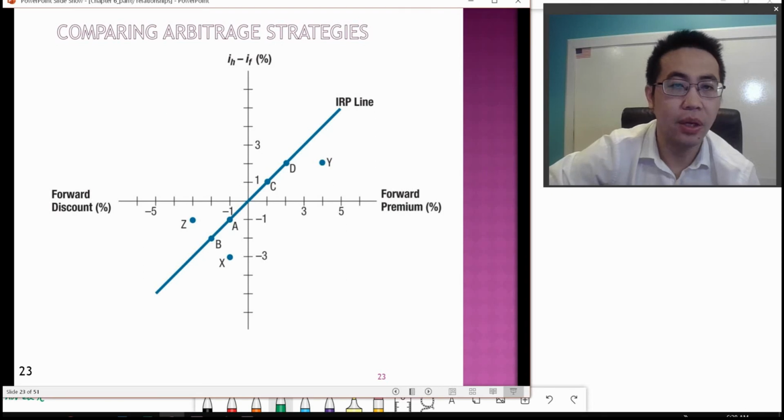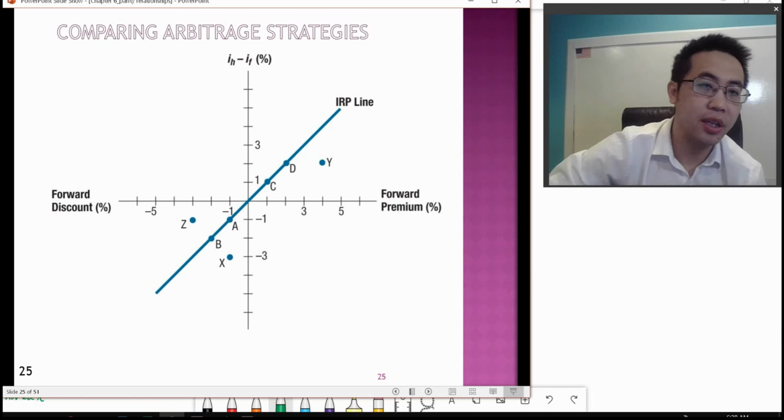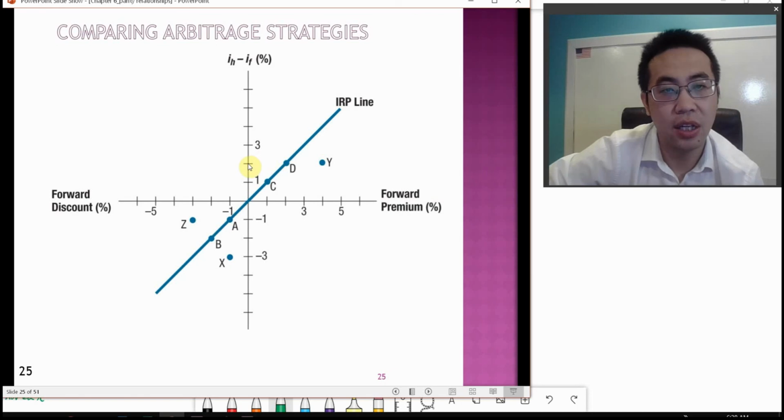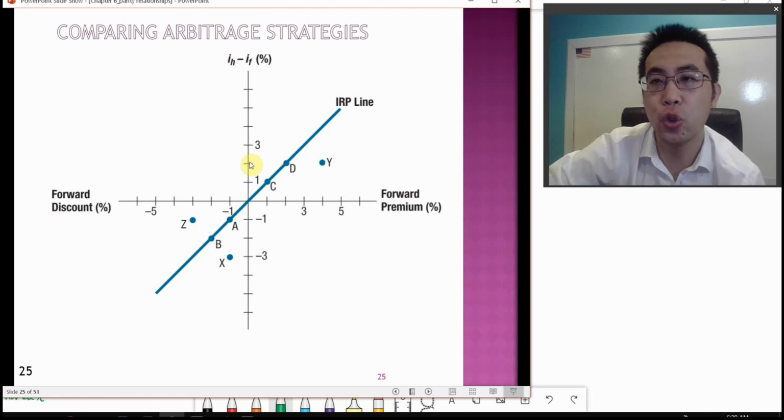So for example, you have a point Y here, where the interest rate differential is only 2%, whereas the forward premium is 4%. So the forward premium is too large, and the home country's interest is relatively too low.